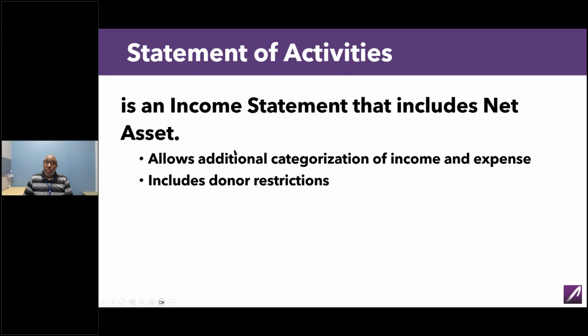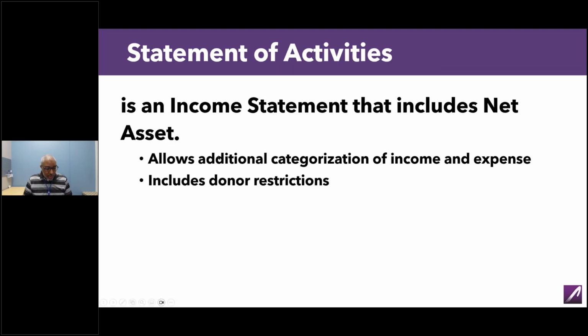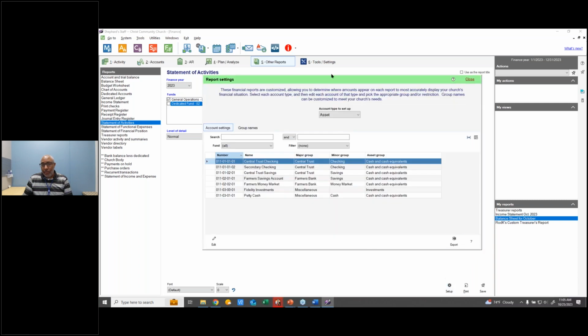It includes donor restrictions, so you can see whether or not the net assets are restricted. So those are just the two that I have on there. So I'm going to say statement of activities. It would use the same setup window, like this setup window.